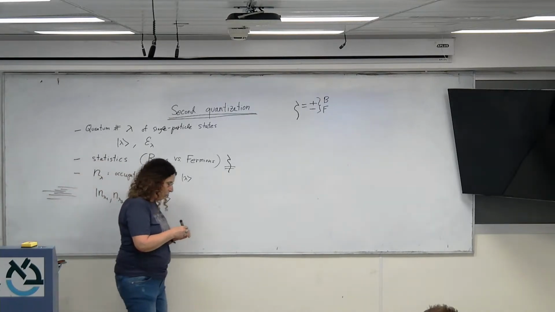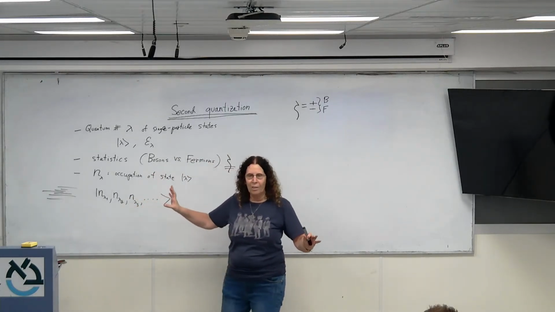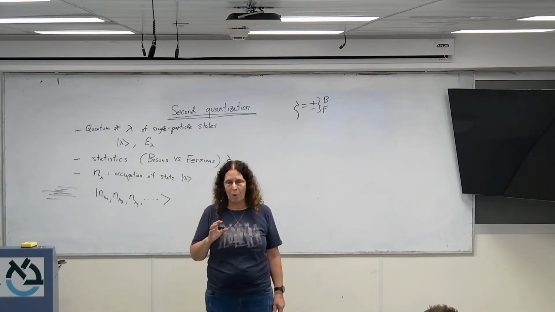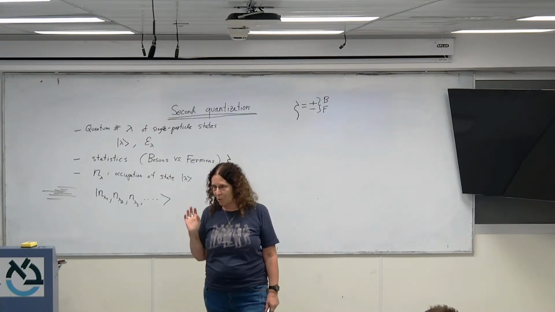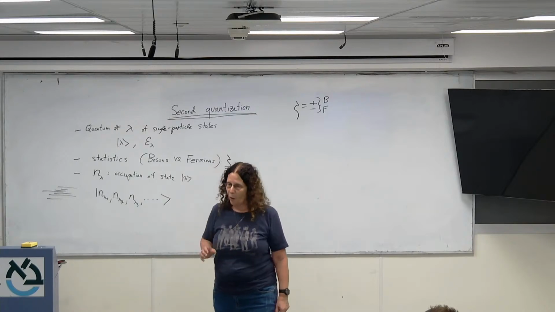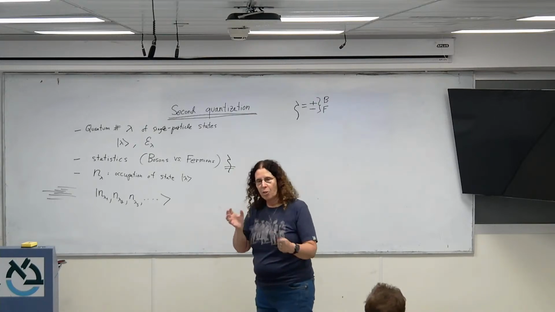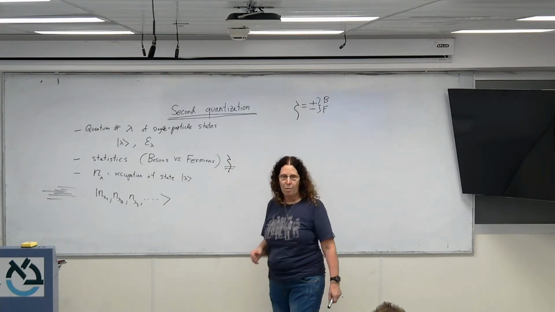But on top of this, it's somehow implicit that I need to have the information whether they are bosons or fermions. The examples we've seen before were all for bosons, but we would like to be able to do it for fermions as well. And of course, there should be a difference that will account for this anti-symmetrization.